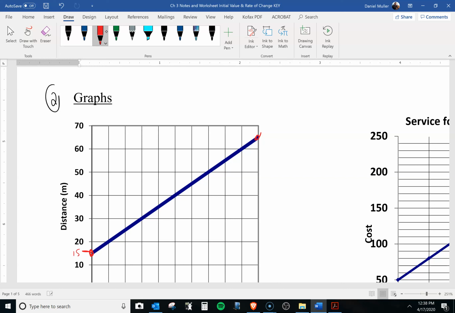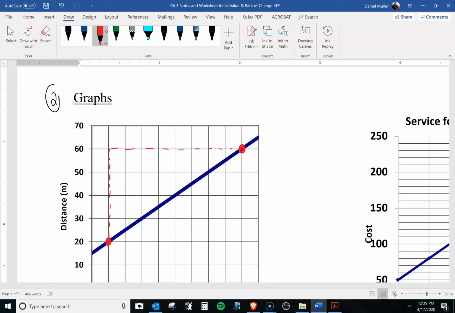Like, is this 15 or 16 or something? So I like to choose places that I know. So this dot right here is right on these little grid marks. So I'm going to choose that one, and then I'll choose this one because that's also on a grid mark. And I'm going to calculate up. So how much have we risen here, and how much have we run?